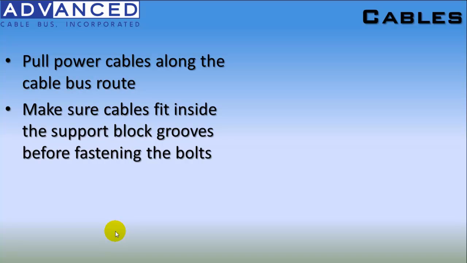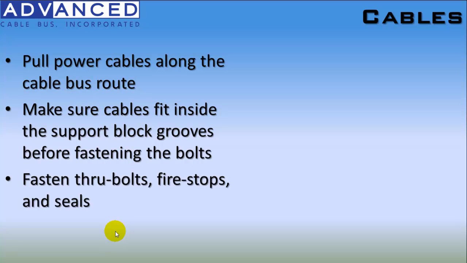And before pulling the cables, you must perform the necessary calculations or the estimations to ensure that the length of the cable and the type of the routing will not result in excessive stress on the power cables themselves. Once the cables are fit inside the support block grooves, then we can fasten the through bolts and the fire stop parts as well as the environmental seals.